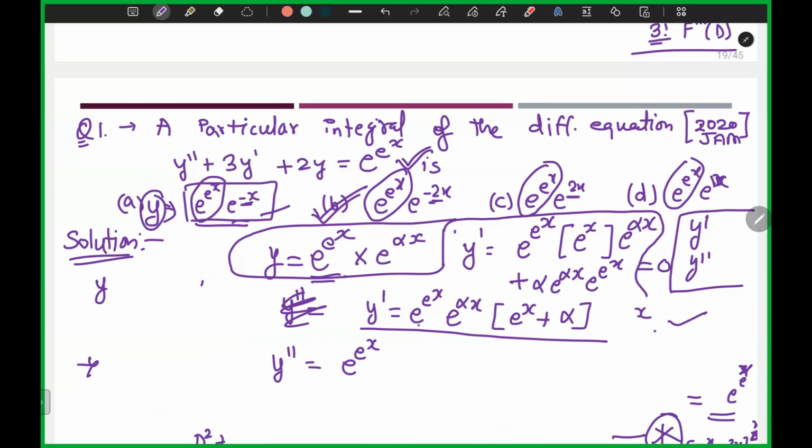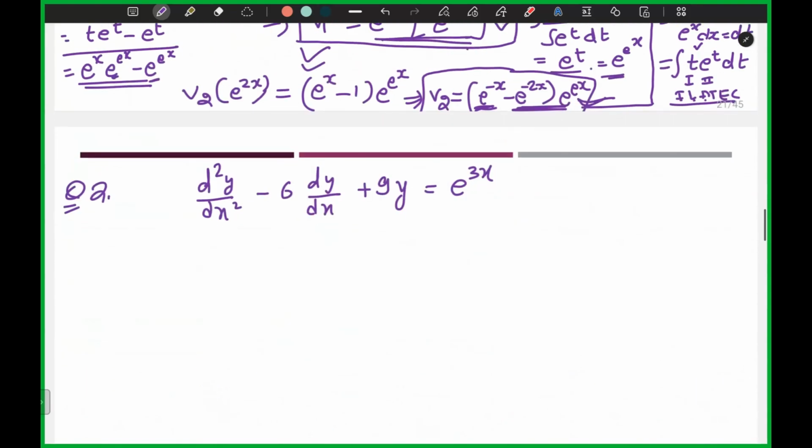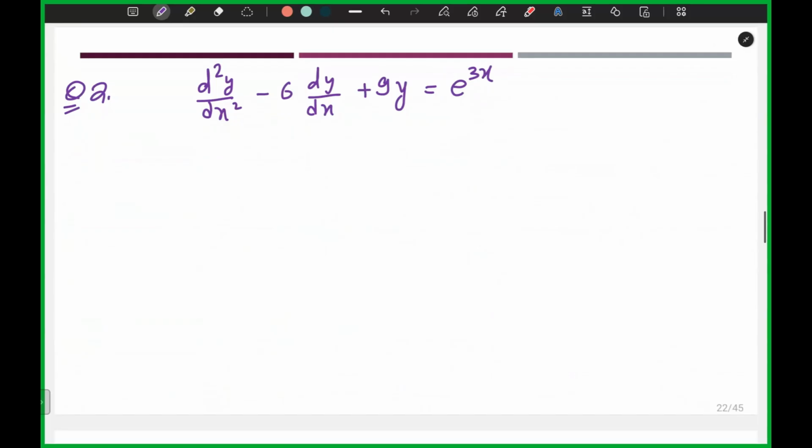You have to do this first time and the remaining terms as well. I think the time is up. I can do one more question. So you can go by that approach and just equate this. Whatever is left out, you just equate and find the coefficient value of alpha. Okay. Yes, sir. So now everyone should try this and tell me the answer for this question. What will be the full solution?